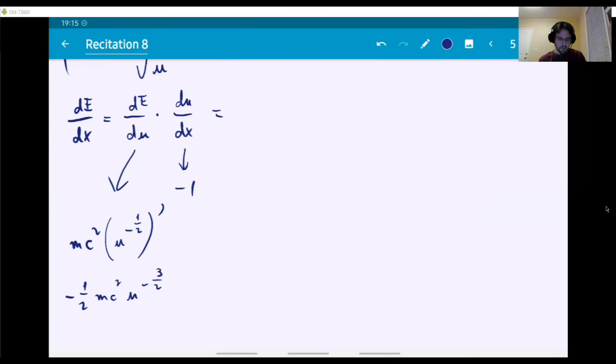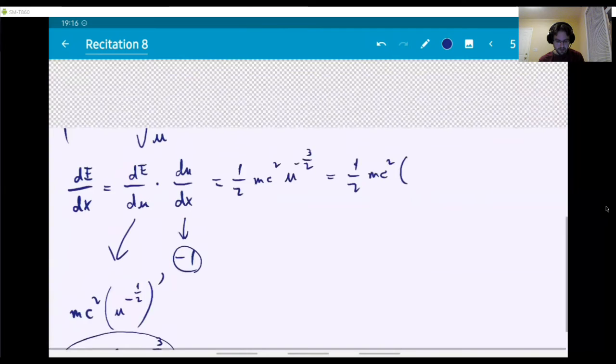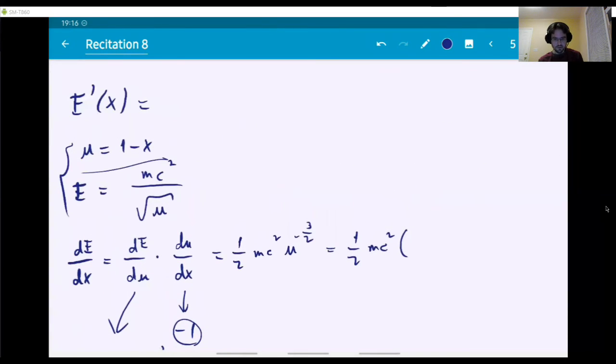All right, so I'm going to multiply these two things together, minus 1 with this more complicated one. What you get is 1/2 mc squared u to the minus 3 halves, and then replace u with what it means in terms of x, which is up here, 1 minus x, to the minus 3 halves.